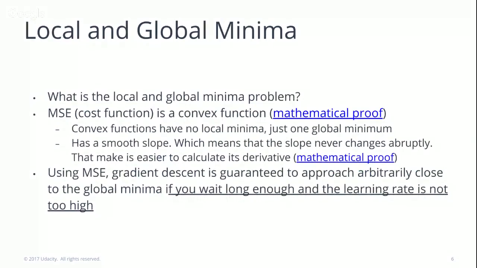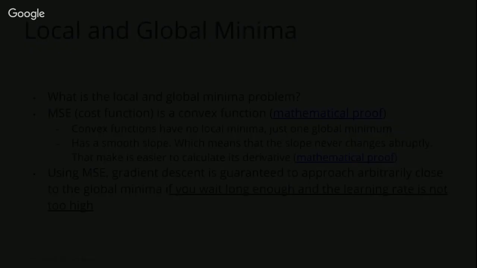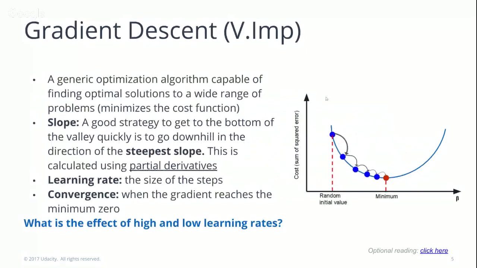Something to worry about when you're messing around with gradient descent is that there are such things as local and global minima. In this graph here, if our error can be visualized as being completely parabolic, then the minimum down here is the global minimum.